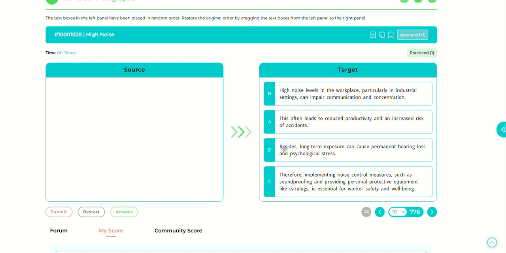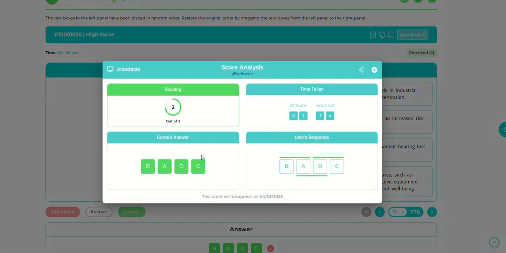Because sometimes, "Besides, long-term exposure can cause permanent hearing loss." "This often leads to reduced productivity and an increased risk of accidents." I think it's like that. Let's see. Alhamdulillah, that's it.